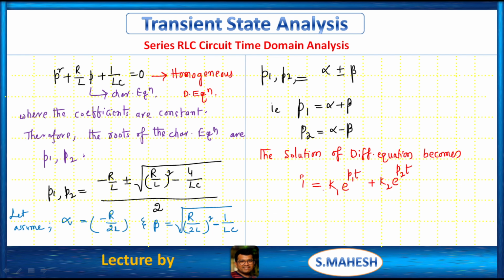That's it. So here P is what? Poles of the system, poles of the characteristic equation. Where K1 and K2 are being constants.